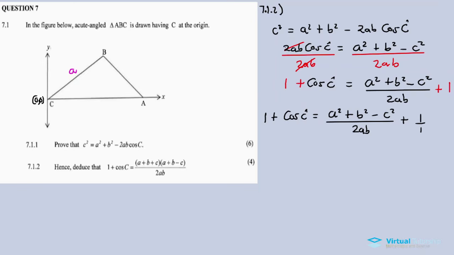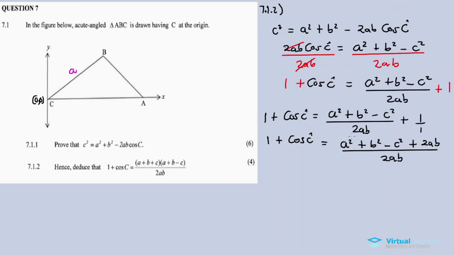Then I get something like this, right? 2ab times 1 is 2ab. 1 times a squared plus b squared minus c squared is exactly that. And then 2ab times 1 is 2ab. Voila. Or let me find the LCM. After finding the LCM, my LCM is obviously 2ab, and then multiply here, multiply there. Then voila, you'll end up with something like this as well.